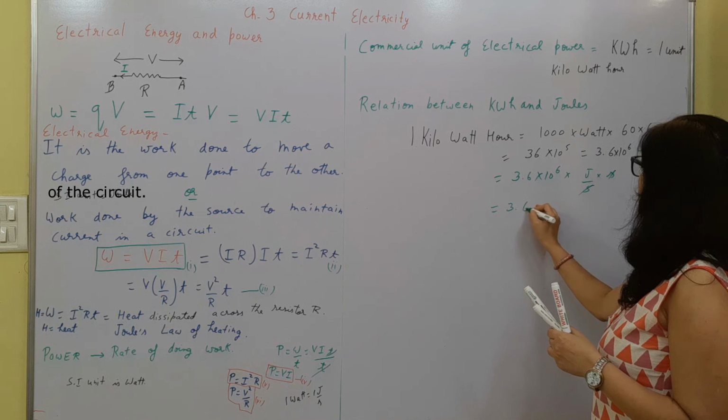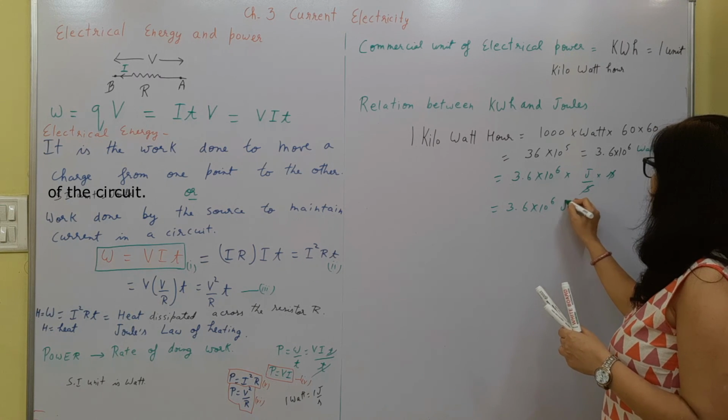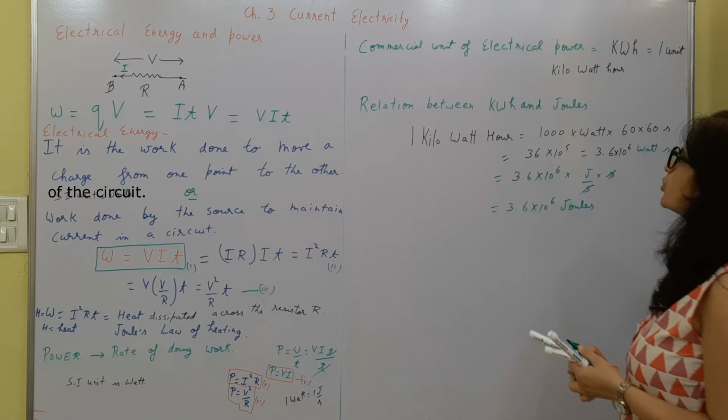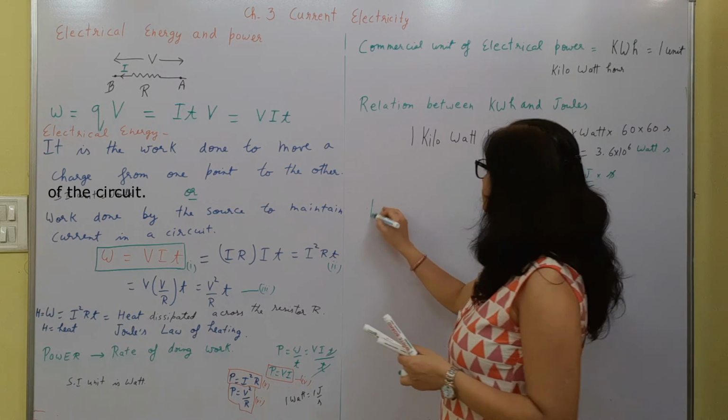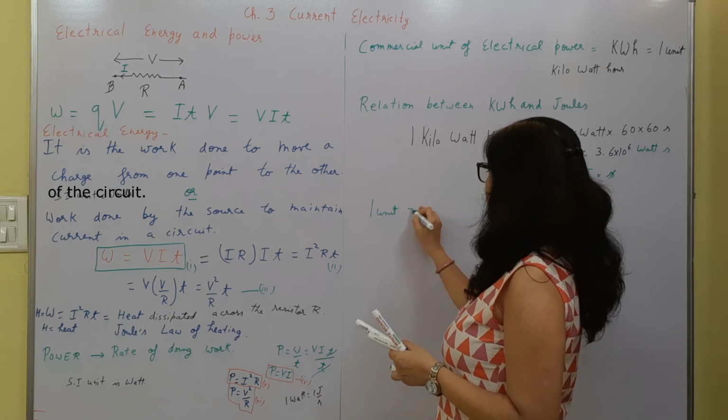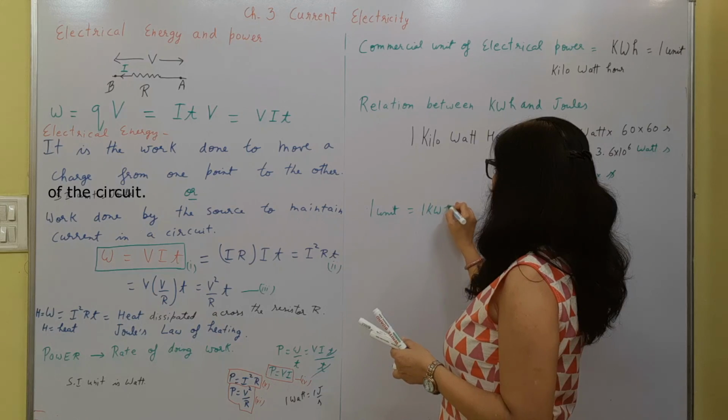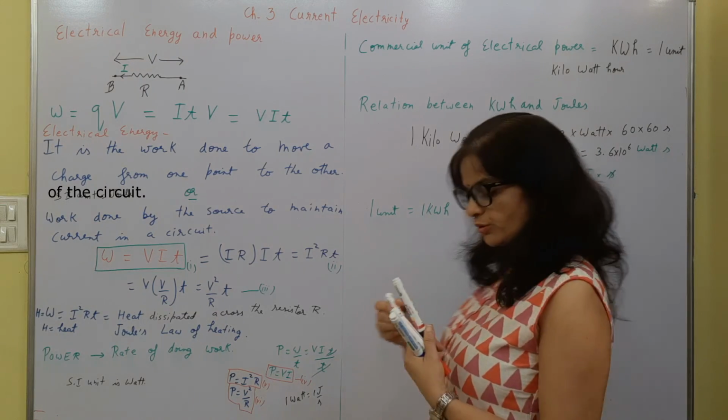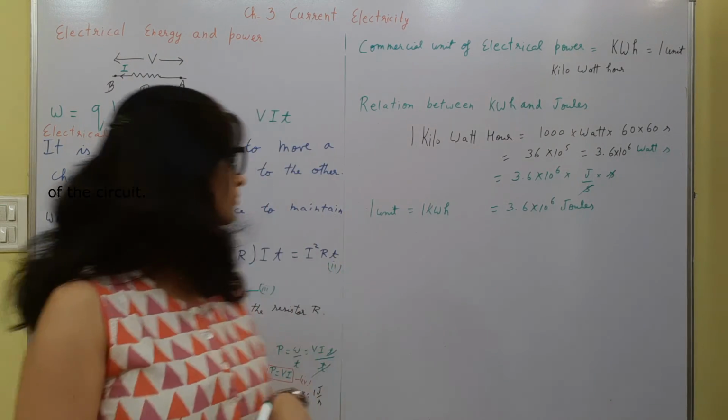So this makes it 3.6 into 10 to the power 6 joules. So 1 unit of electricity is equal to 1 kWh, and this is equal to 3.6 into 10 to the power 6 joules.